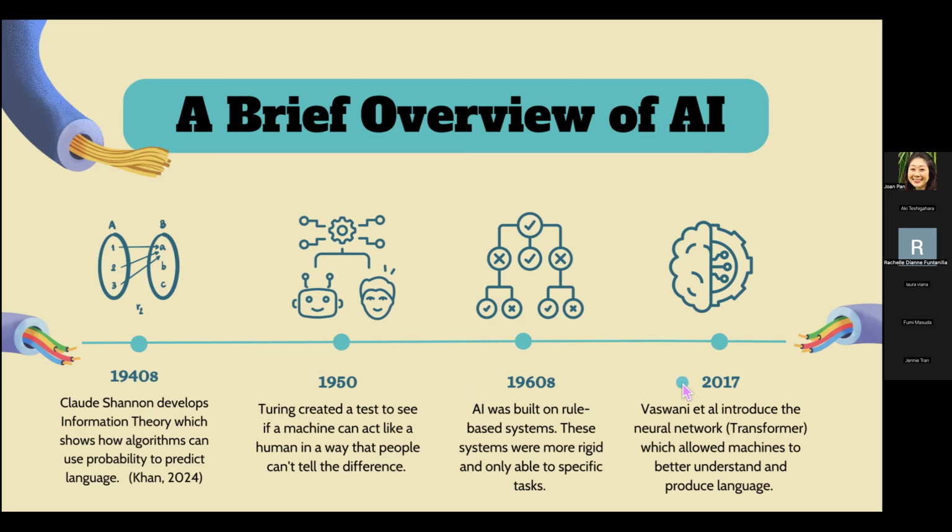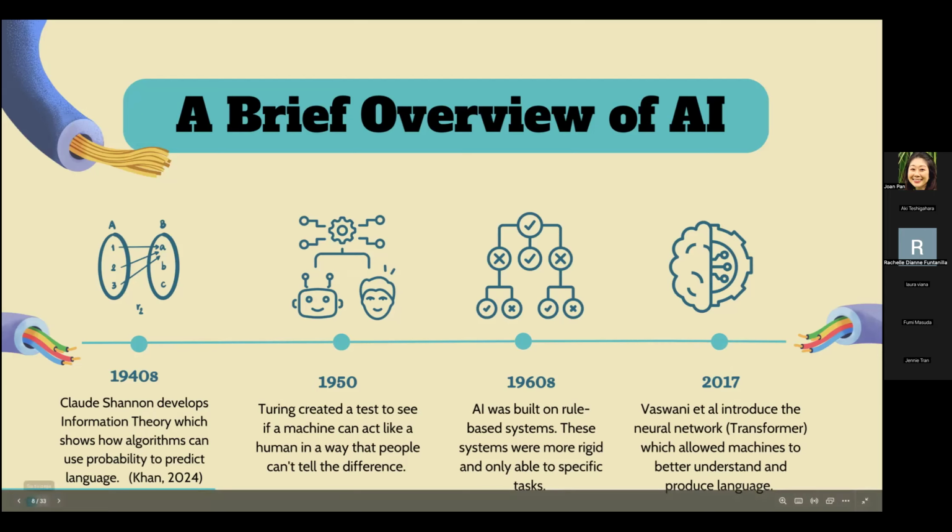And in 2017, Ashish Vaswani and his colleagues at Google introduced what they called the neural network or the transformer model, which allowed machines to better understand and produce language. And this was really the big breakthrough that powers all of the generative AI that we see today.